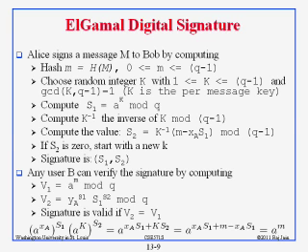Now k times S2 is simply the quantity here, m minus XA S1. So that is m minus XA S1 plus XA times S1, and these cancel out, so this is equal to A raised to m, which is V1. So V2 equals V1. After all this mathematical multiplication, you figure out that V1 will be equal to V2.